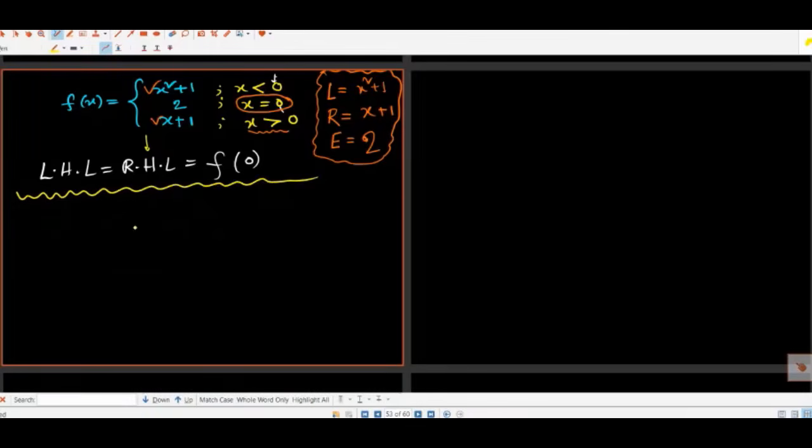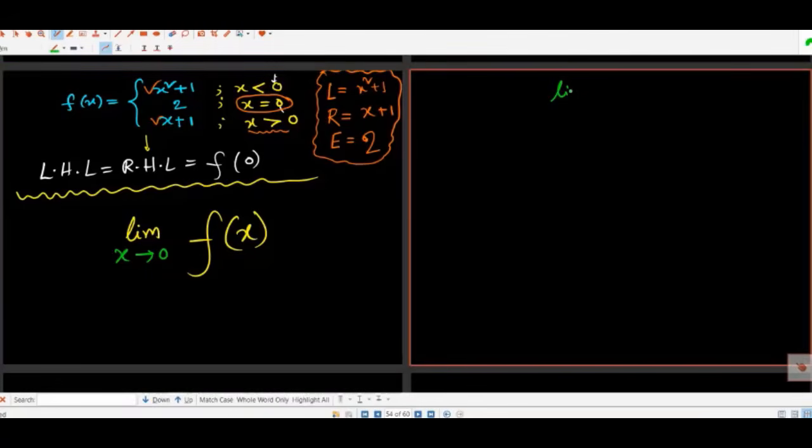We are targeting for limit of which function? F of x at which number? X tends to 0, right? Yes, sir. So now we can break down this limit to 2 pieces.